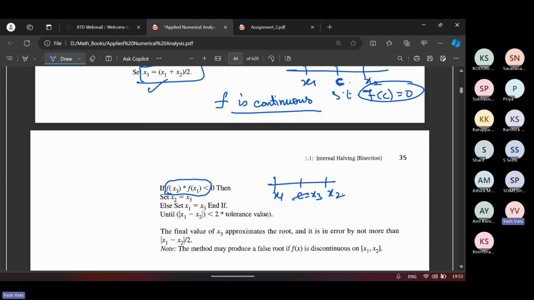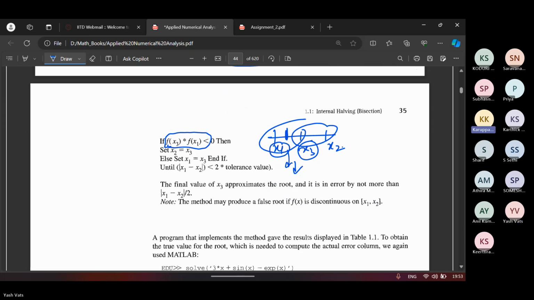See, I just don't take x3 as such. So if f(x1) times f(x3) is less than 0, then there exists a root, or either it lies in this interval. Like this, you approach the root. You need to continue the steps until you reach very close to the root, but maybe not exactly the root.